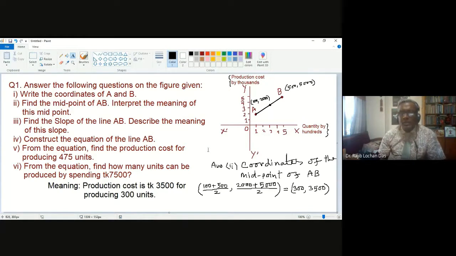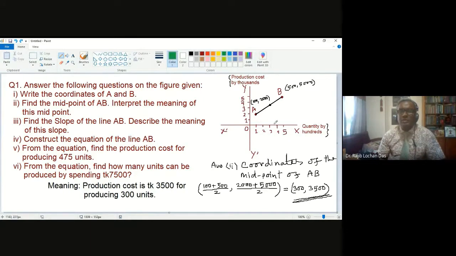Yes, sir. X means quantity of production and Y means costing of production. So if you see 300, 3,500, that means X is 300. X 300 means this is the production unit.